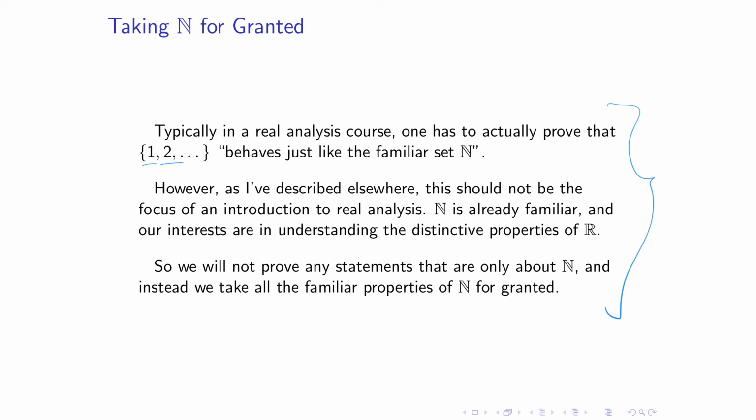If there's enough interest in proving that this set is isomorphic to the natural numbers or anything like that, then I might make a video later as a kind of optional study, but this is just not our core interest. And so we will just take for granted that these numbers are in the real numbers and that they behave as we expect the natural numbers to behave.